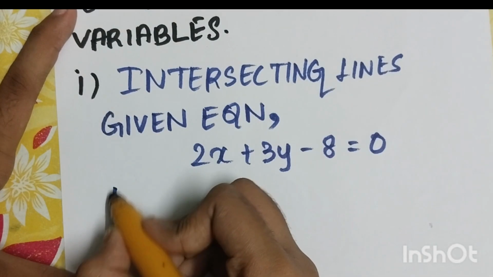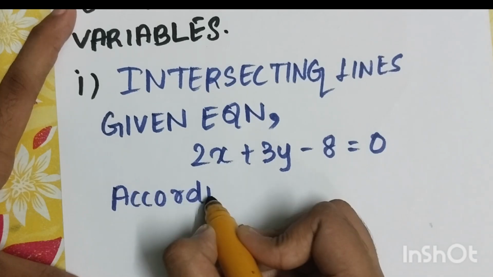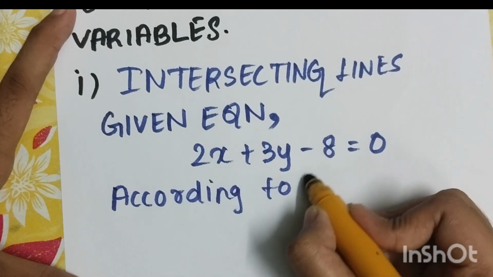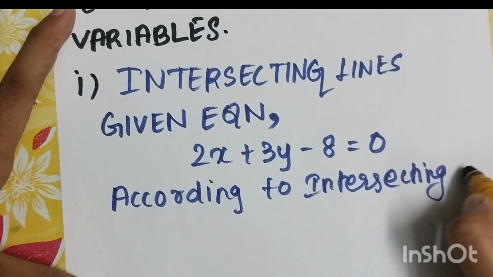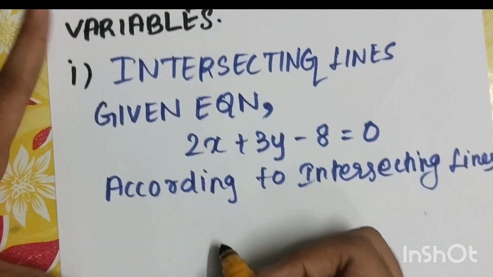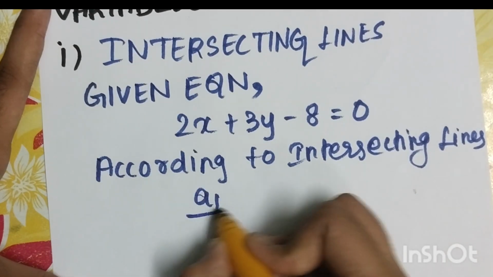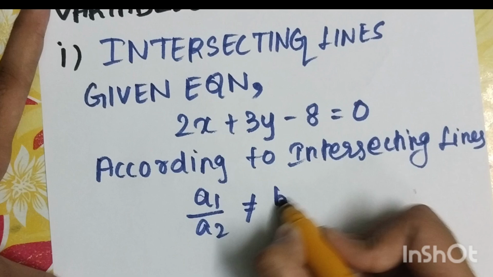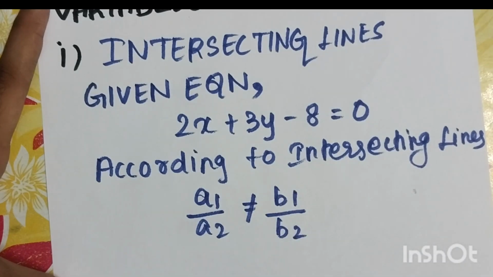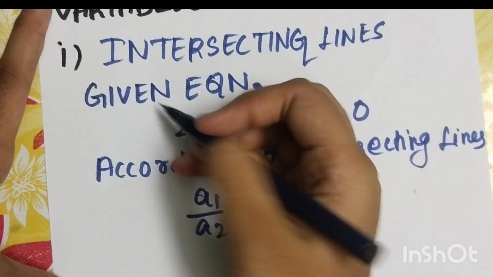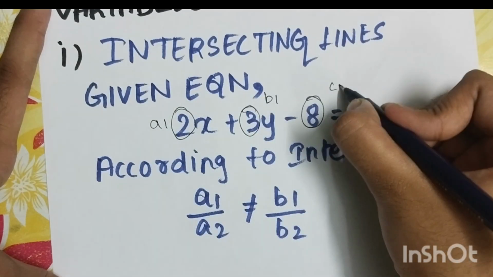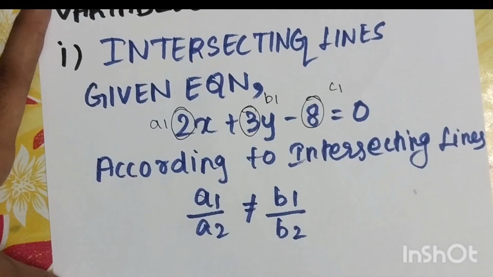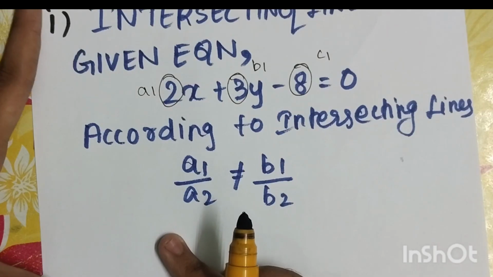So according to intersecting lines, I know my ratio should be a1 by a2 is not equal to b1 by b2. Clear? So here this is my a1 and this is my b1 and this is my c1, but in an intersecting line we are not going to consider this c1.